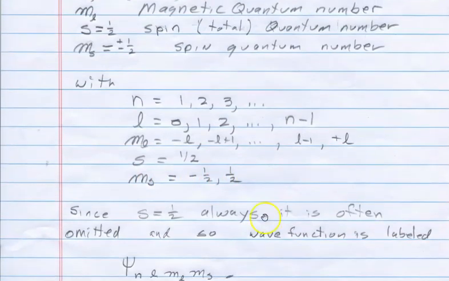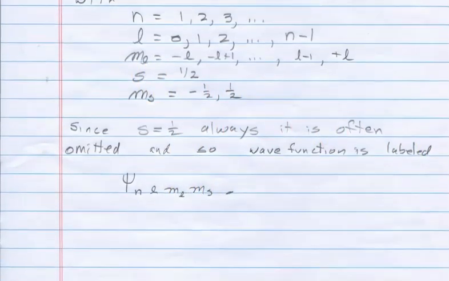Well, since S never changes, it's always 1/2, it's usually left off. Even though technically we should have injected it in here between m sub l and m sub s, we should probably have s, but it's always going to be a half. And so people generally suppress that since it's always the same value.